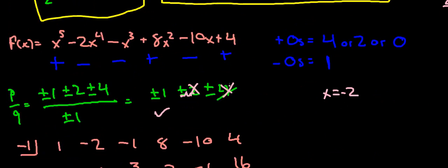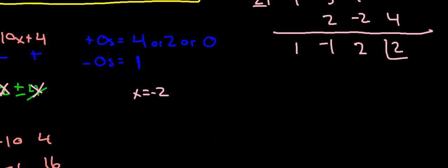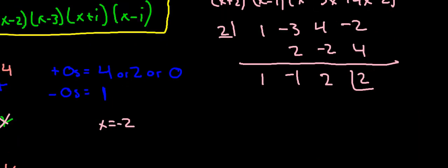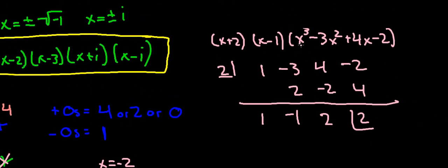So we don't have any more zeros to test, but we're still in an x cubed function. And we know that this is an impossible solution, that everything has to have a solution. We can't have 3 imaginary solutions, we know that. So we know we're missing one, because imaginary solutions come in pairs.